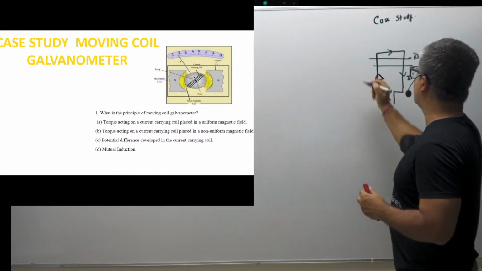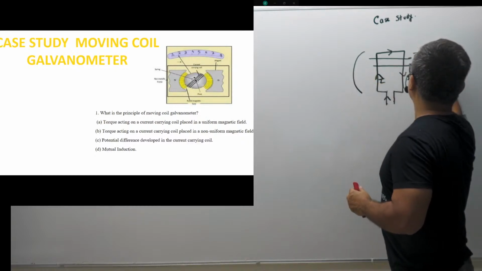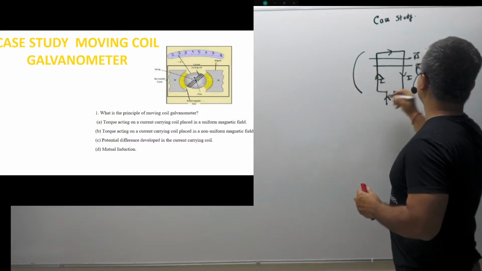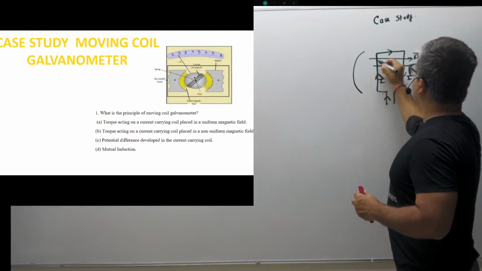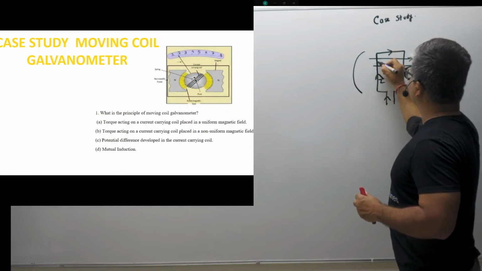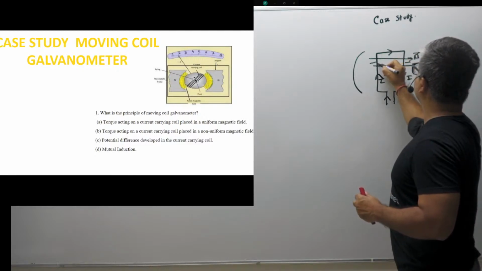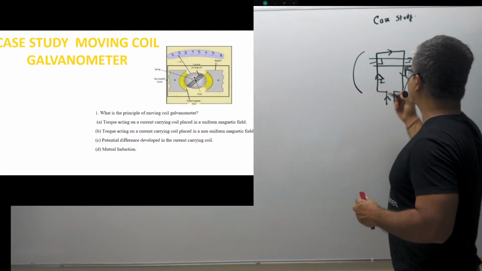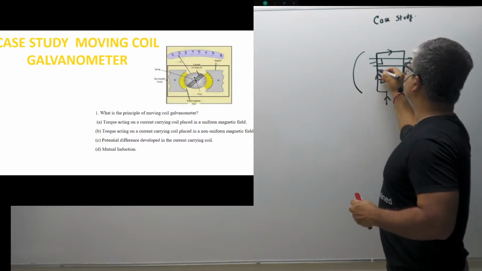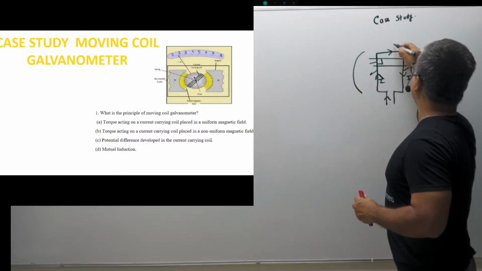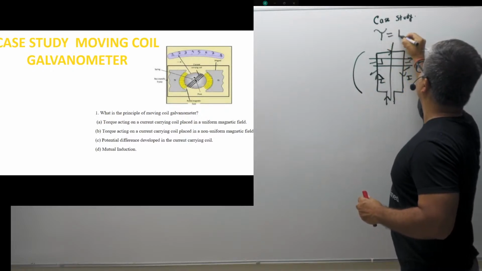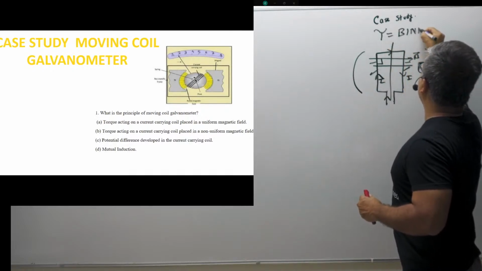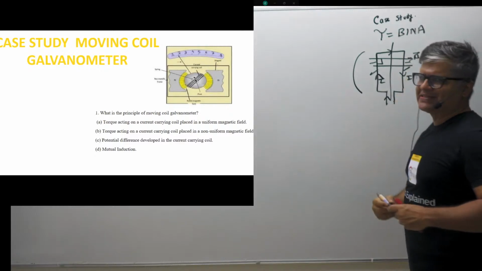That's a shape which is given to it. So north to south, and these two arms, which are perpendicular to the magnetic field, experience force that results in a turning impact, right? So this is the difference, and the torque which it experiences, BINA, right? We will discuss this in detail.